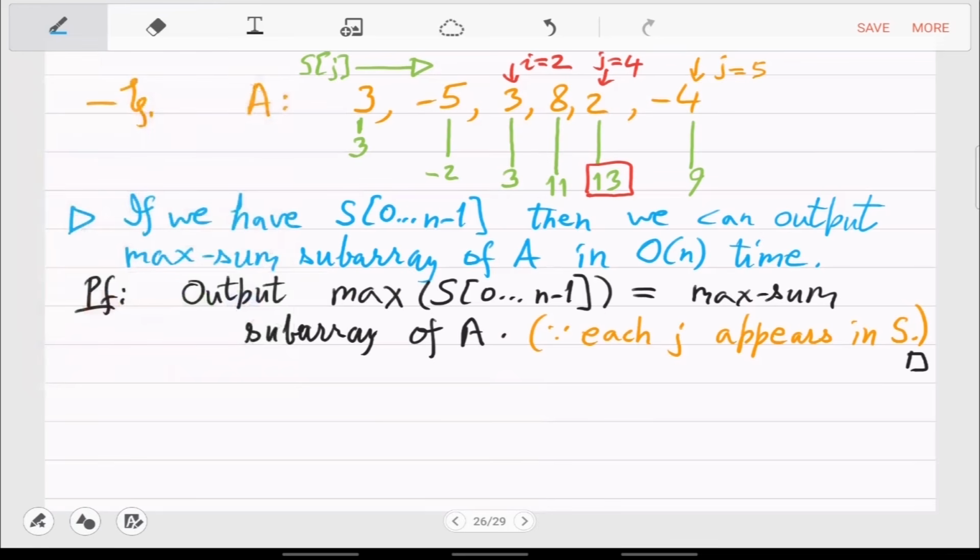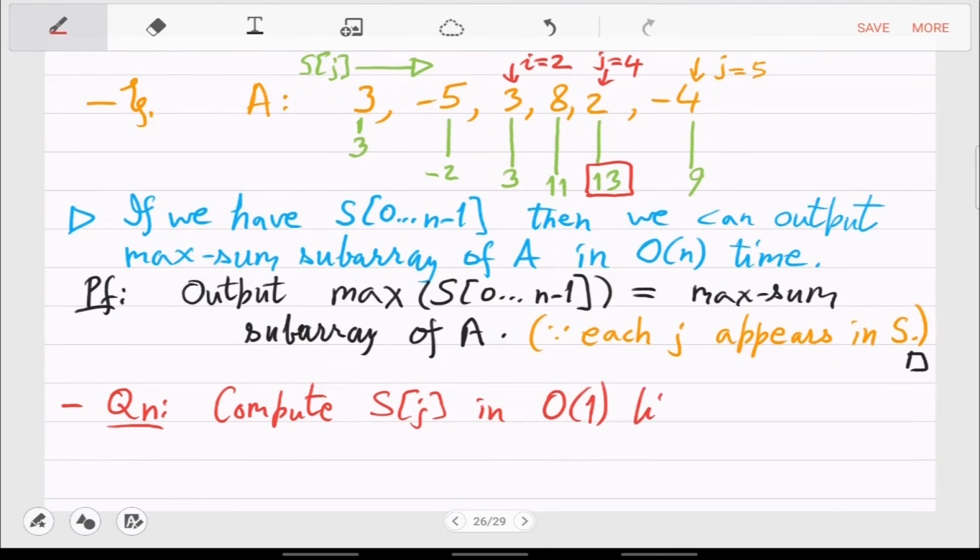Okay, so hopefully you have now understood the major ideas in this paradigm, or in fact in this algorithm. What remains is to compute Sj in constant time, given the earlier values.